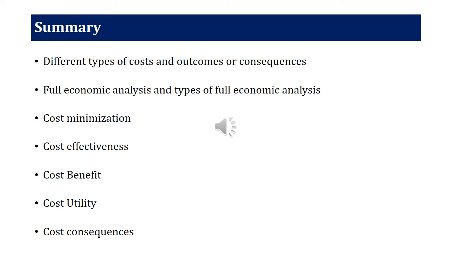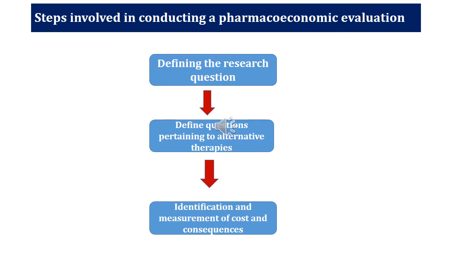Then we learnt the different types of full economic analysis, which include cost minimization, cost effectiveness, cost benefit, cost utility and cost consequences. The steps involved in conducting a pharmacoeconomic evaluation is what we are going to understand now.